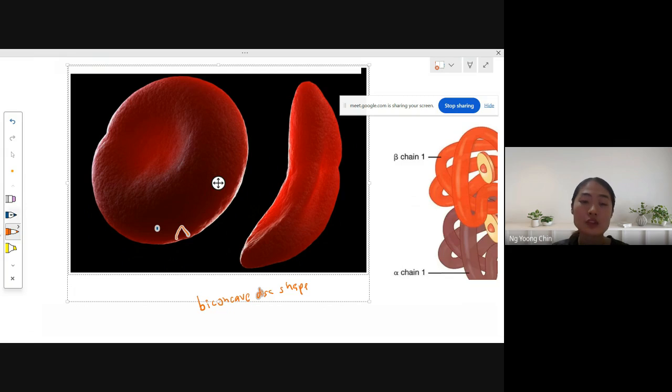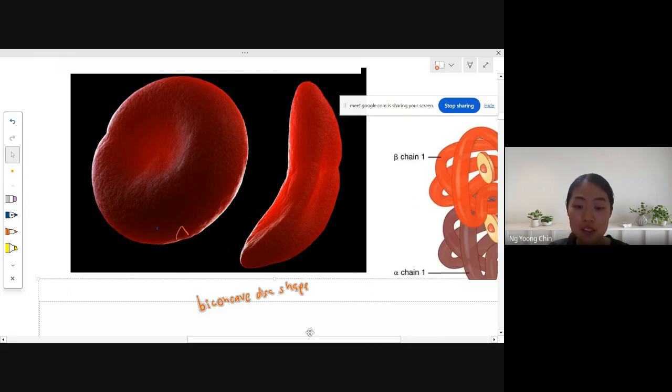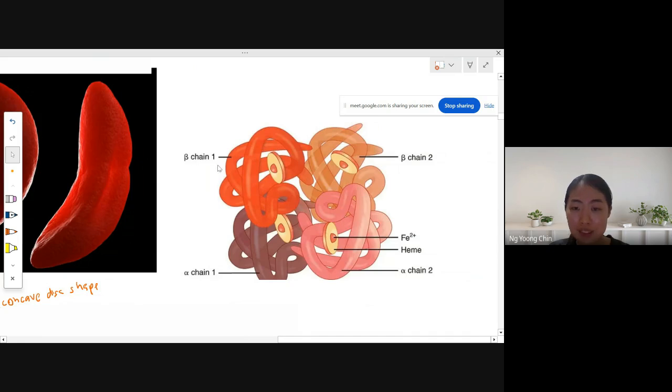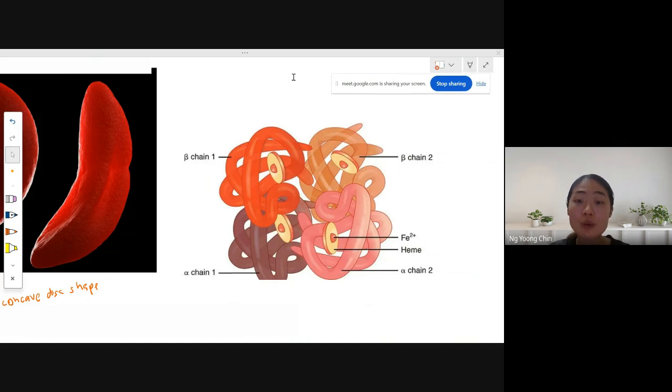This is how they describe the structure of the red blood cell. Each red blood cell is produced by hemoglobin. This is hemoglobin.